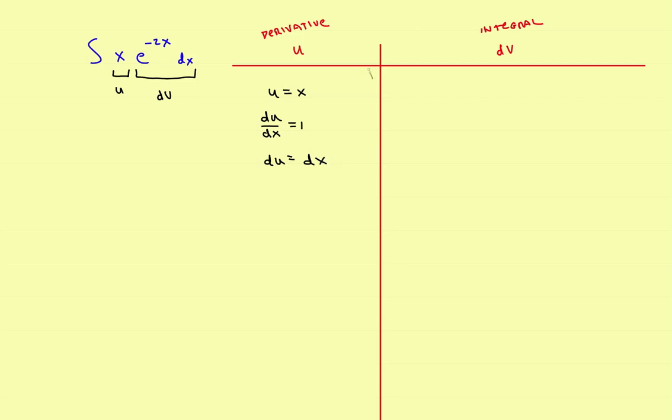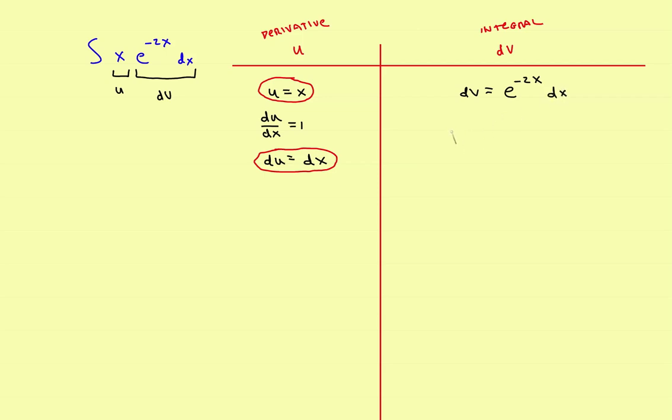So what that gives me is this. In the final thing, I'm going to need a u, so there's my u. I'm going to need a du, so there's my du. Now what I need is v. So I'm going to have to go through an integral to get v. So again, dv is equal to this, so start with what comes out of your formula. So dv would be equal to e to the negative 2x dx.